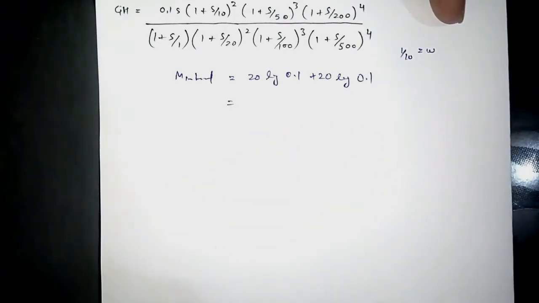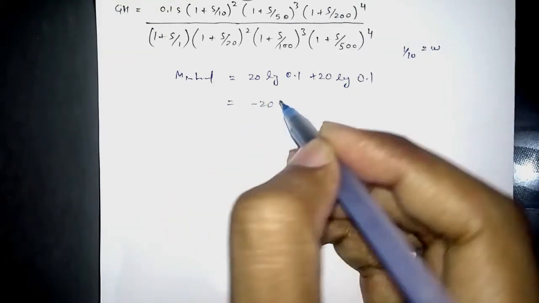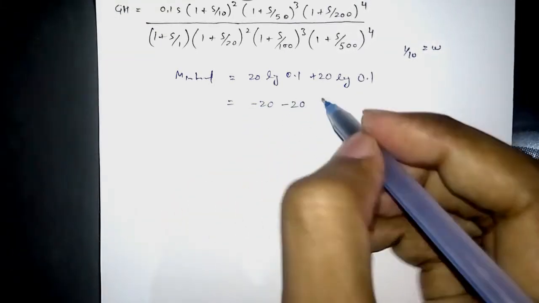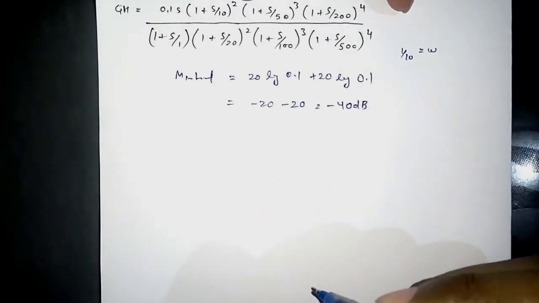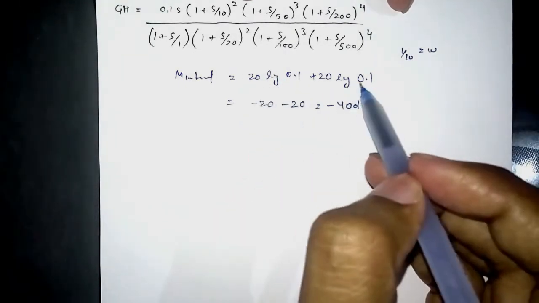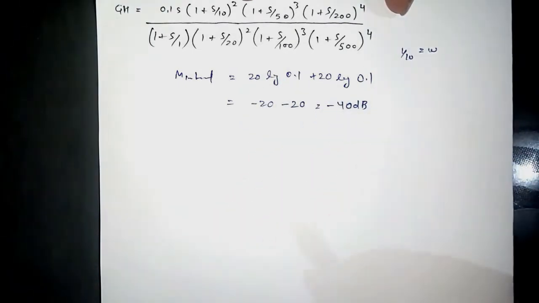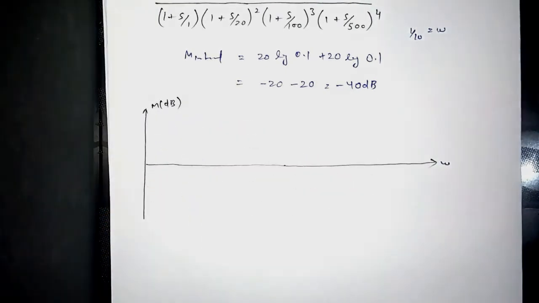When we solve this, we get minus 20 here, minus 20 here, so minus 40 dB is the magnitude initial, because log 0.1 is minus 1.